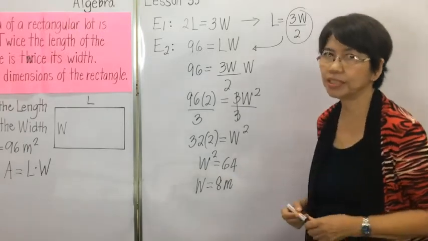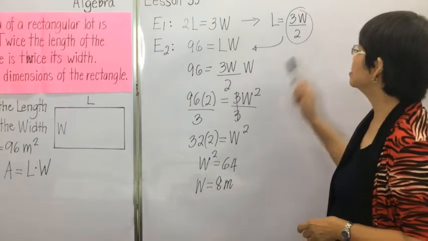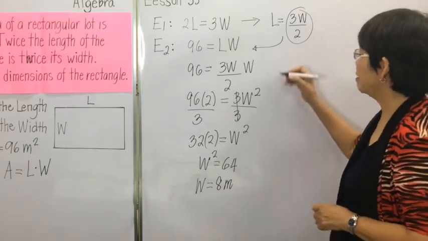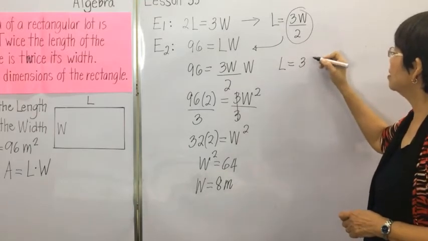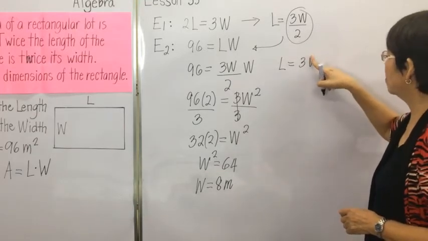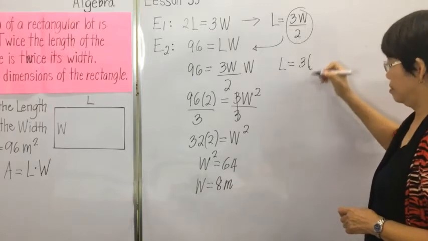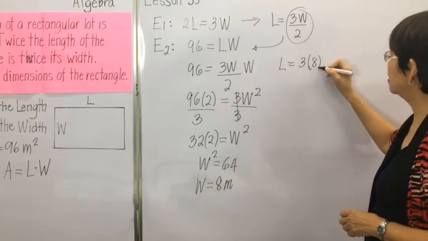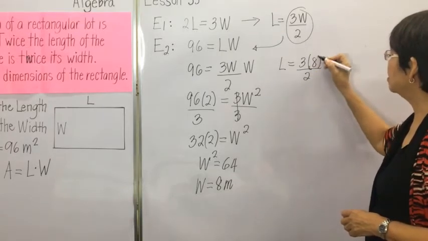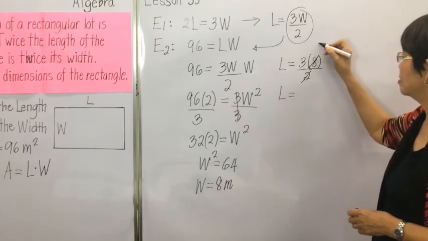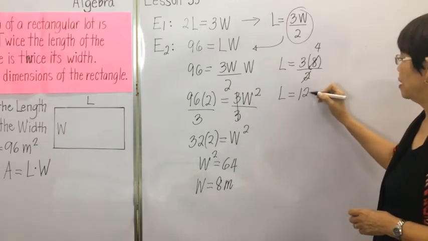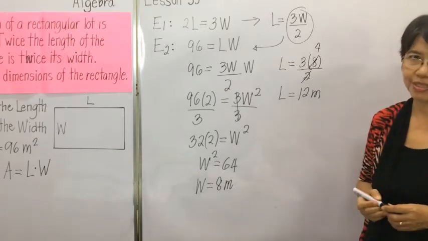Then substituting the value of W to this equation, we have the length is equal to 3W over 2, 3 times 8 divided by 2. Then we have length is equal to 12 meters.